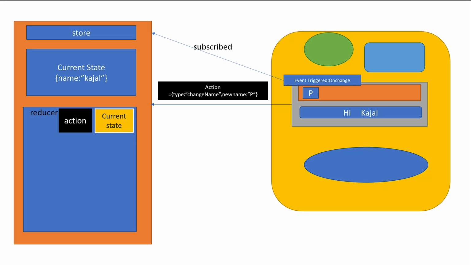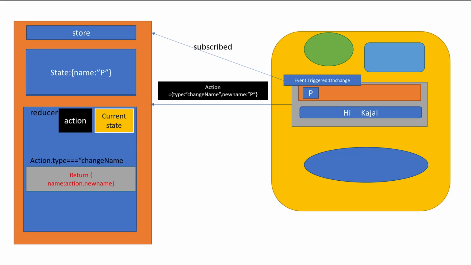Out of many choices, it chooses the logic which has its type as specified in the action object. Here it returned a new object whose name property is assigned the data from the new name property of the action object. And this new object returned from the reducer will replace our current state.